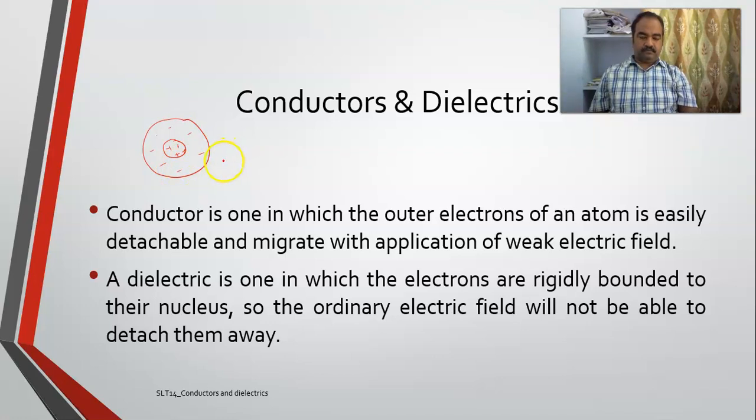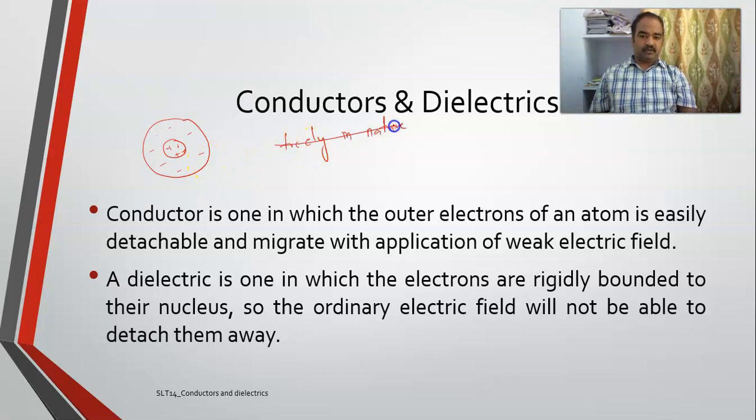Now, depending upon the availability of electrons, in some materials these electrons will be available freely in nature, which means they develop a crystal lattice-like structure where the electrons flow freely in the lattice, or loosely bound by the nucleus.